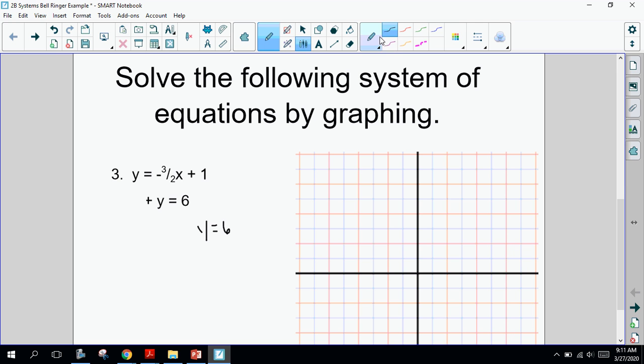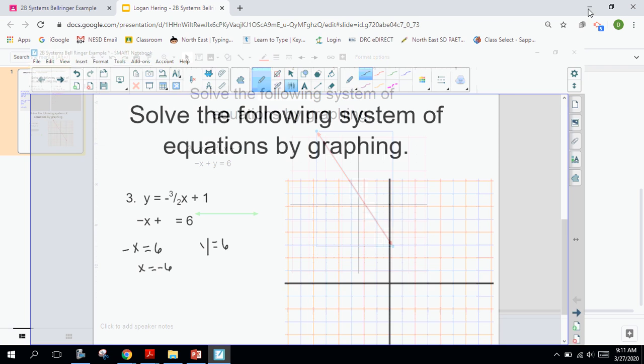And then when I cover up the y and that's gone, I've got the equation negative x is equal to 6. We would divide by the negative 1, and my x-intercept is equal to negative 6. So remember, the x-intercept was negative 6. The y-intercept was positive 6.